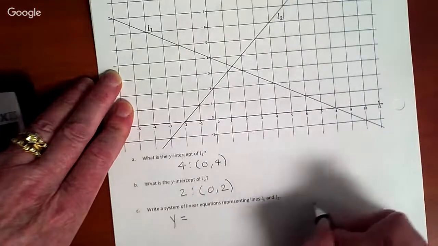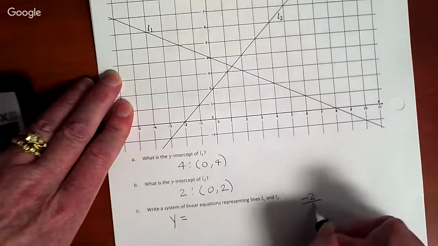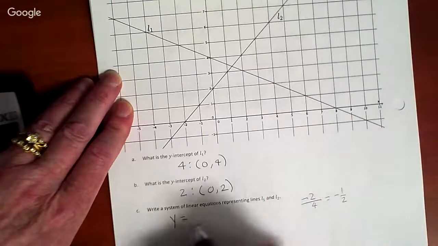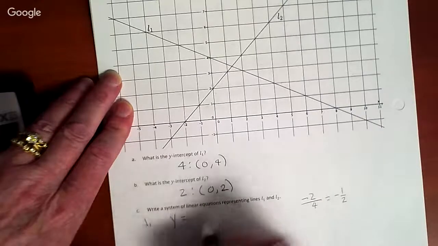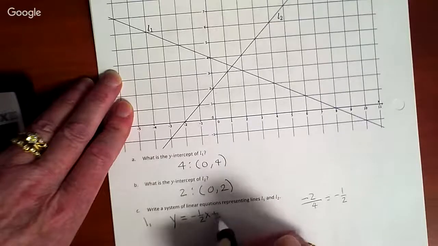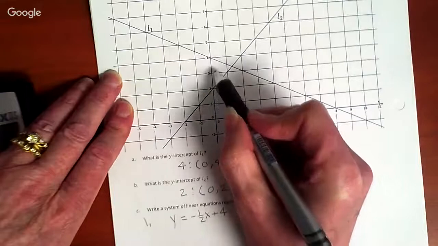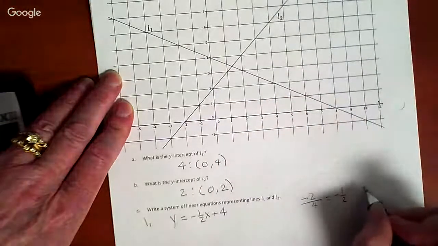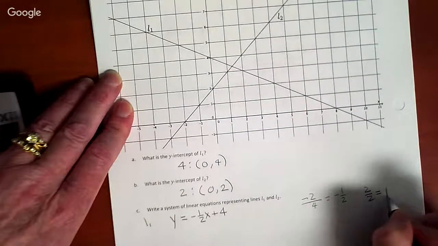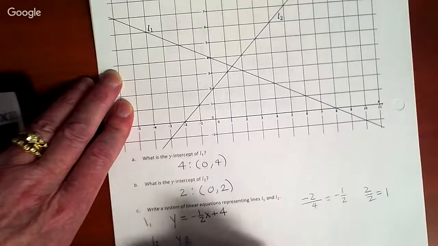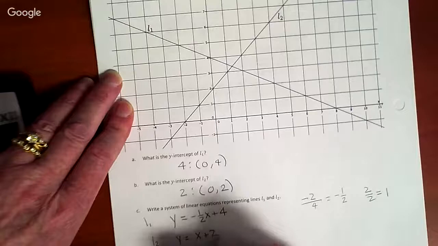So it would be down 2 and 4, which would be negative 1/2. So for line 1 we could write negative 1/2 x plus 4. For line 2, it's up 2 over 2, so 2 over 2 or 1. So line 2 would be y equals x plus 2.